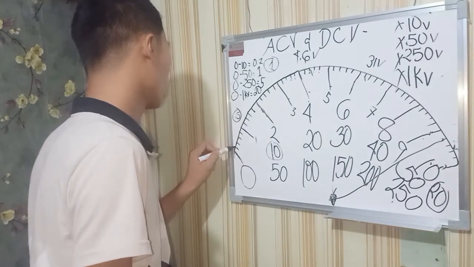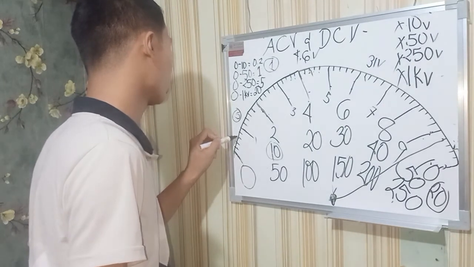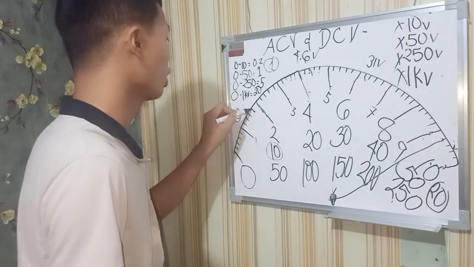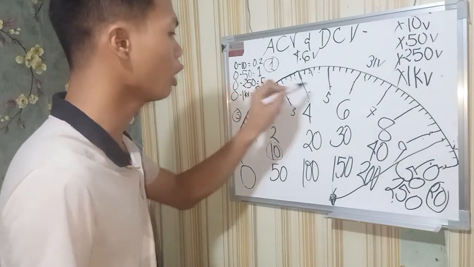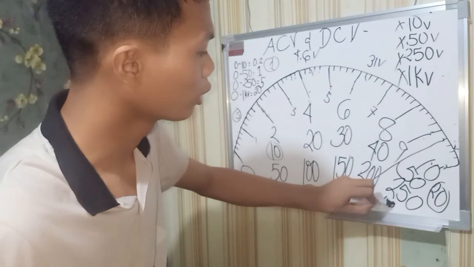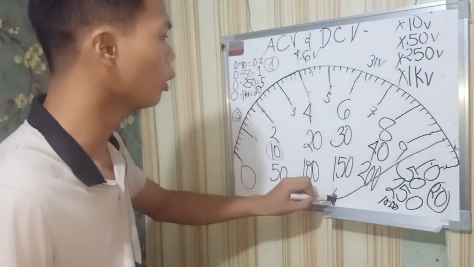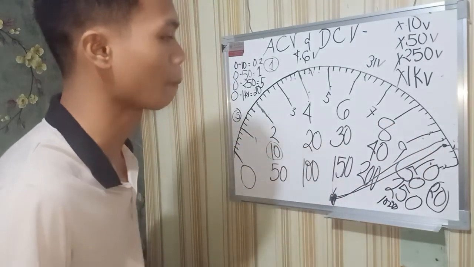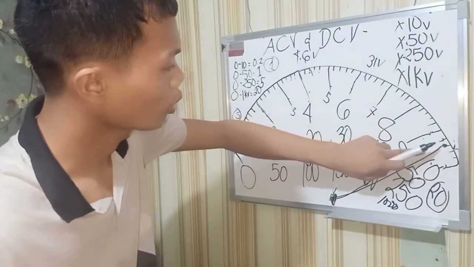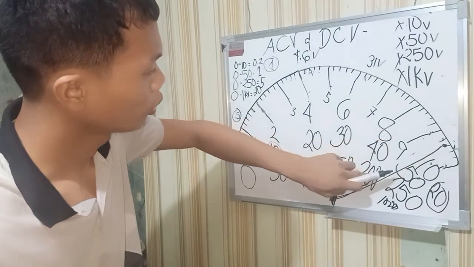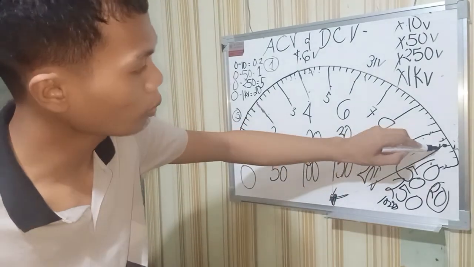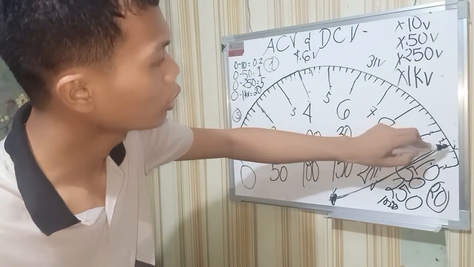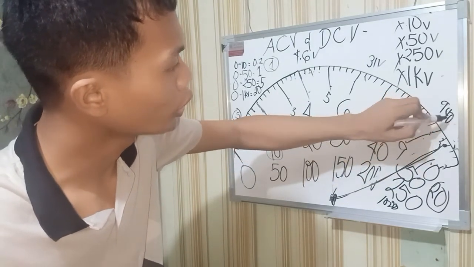Again: 20, 40, 60, 80, 100, 120, 140, 160, 180, 200, until we reach 1,000. For example, if the pointer deflects to this position, that is 920, that is 940 volts.